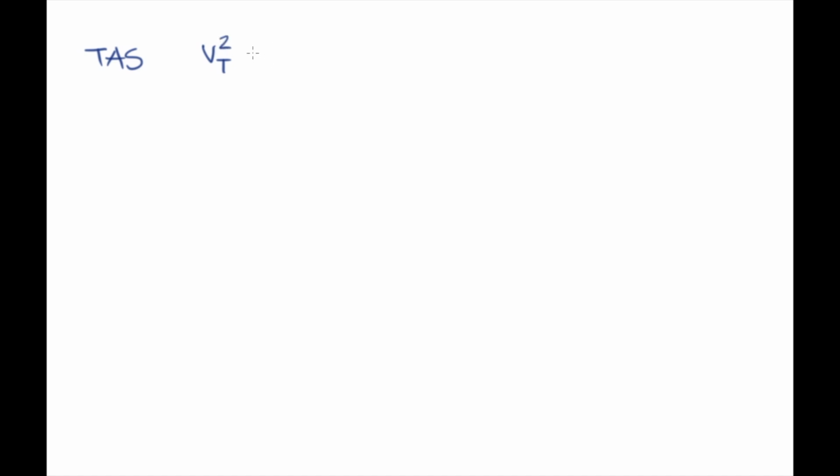V true squared equals 2 gamma over gamma minus 1 times P static. That's the static pressure at the location of the aeroplane, divided by rho, which is the density at the location of the aeroplane, times P impact.